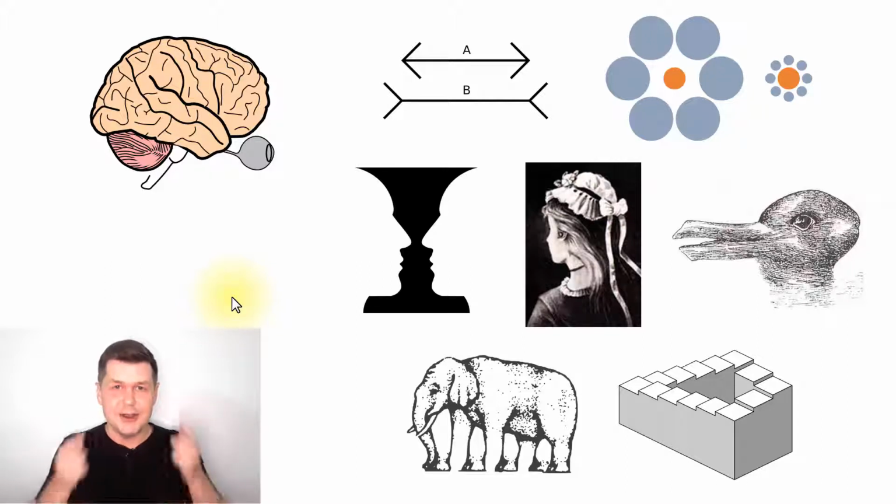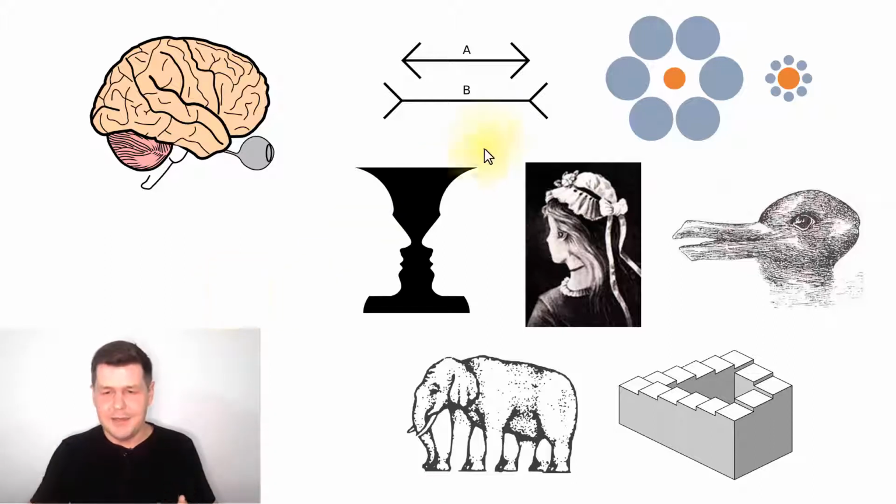They're things that trick our eyes and trick our brains into seeing things as longer or shorter or bigger or smaller than they are, or as seeing 2 different things, as seeing a vase or 2 faces, as seeing a young woman or an old woman in the same picture, or as seeing a picture as one animal or another, either a duck or a rabbit, or seeing things that cannot exist, that are impossible, like this elephant with 4 legs and 5 feet, or this staircase that just goes around and around, up and up and up, or down and down and down forever.